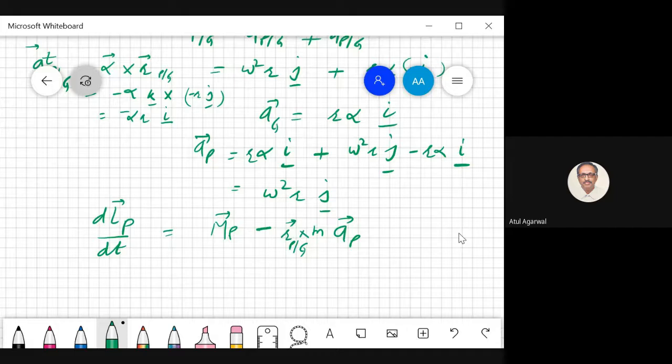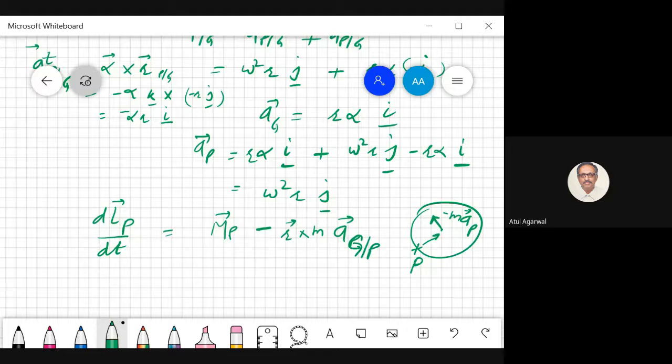The force is at G, and you have to make the measurement from P. This inertial force will act at G. So what is happening is you are assuming an inertial force equal to minus MAP, and you have to find its moment about this point P. So you have to go to G from P.